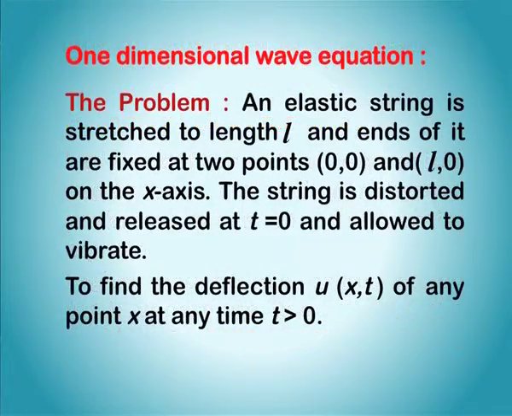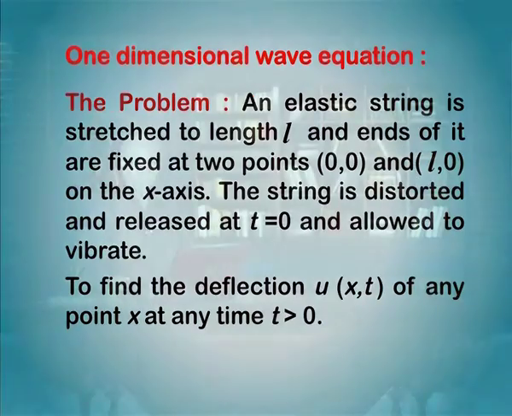Now, we come to the one-dimensional wave equation. We are imposing this problem because we would like to understand what we mean by the one-dimensional wave equation and how it propagates, and we therefore take a problem to make it easier for all of us to understand.